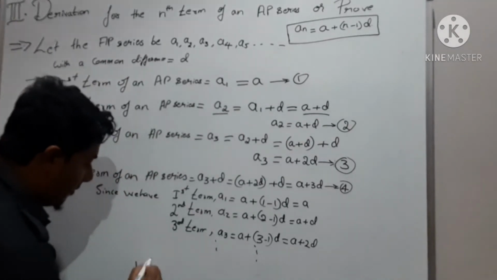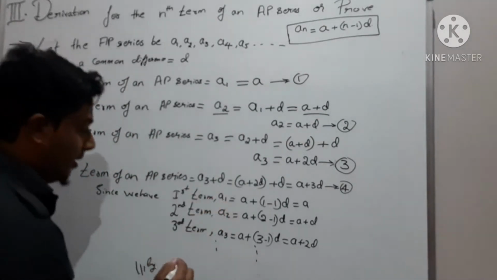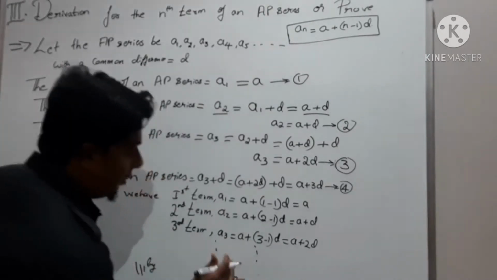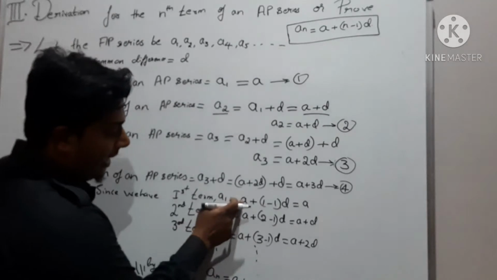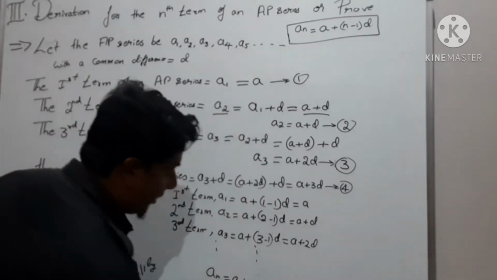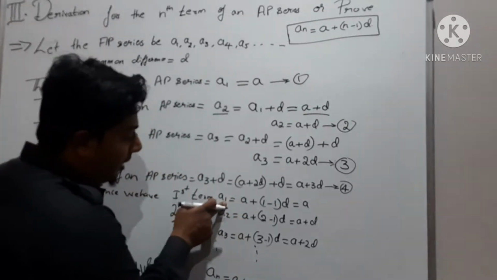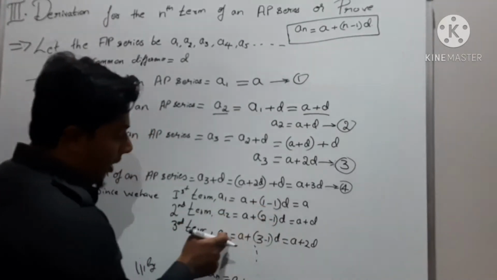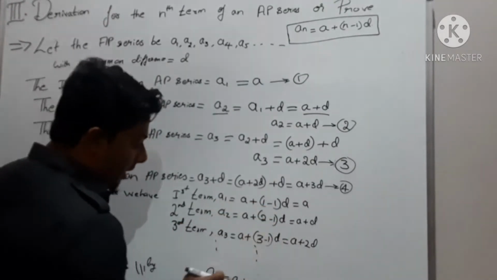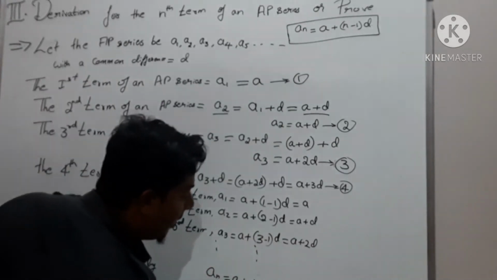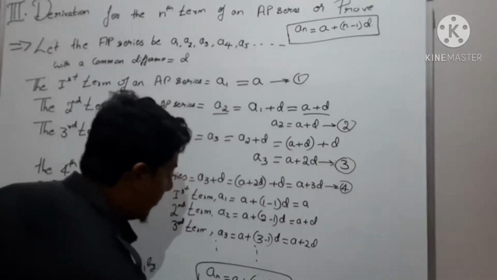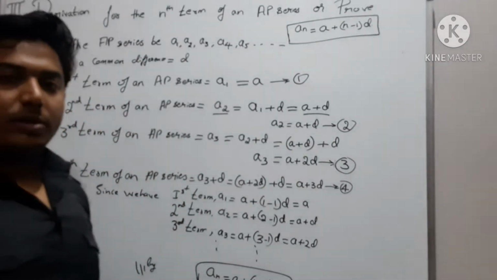Similarly, by generalizing, we have an is equal to a. In all the above equations the first term a remains constant. If it is 1, we take 1 minus 1. If it is 2, we take 2 minus 1. If it is 3, we take 3 minus 1. Since it is n, we take n minus 1 times d. So this is how we prove the nth term of an arithmetic progression.